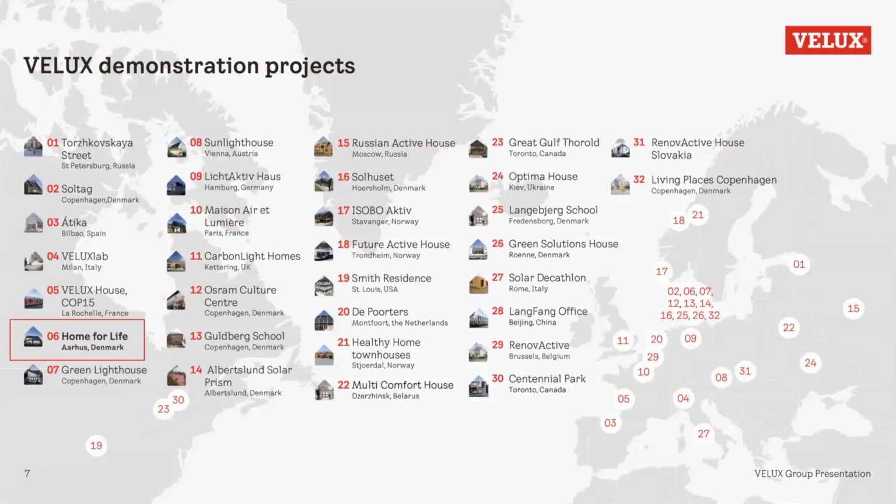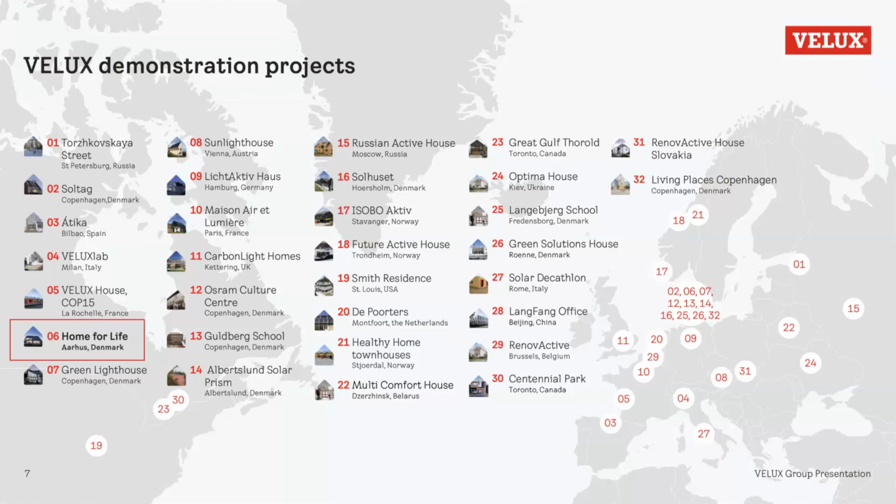I would actually start with a little bit of a step back and saying why VELUX is talking about holistic design. And that's because, yes, we are a roof window manufacturer, but of course the roof window is not standing alone out there. It's standing in a building. And that's why it's important to look at how the whole building performs and how people that are in the building can live in it.